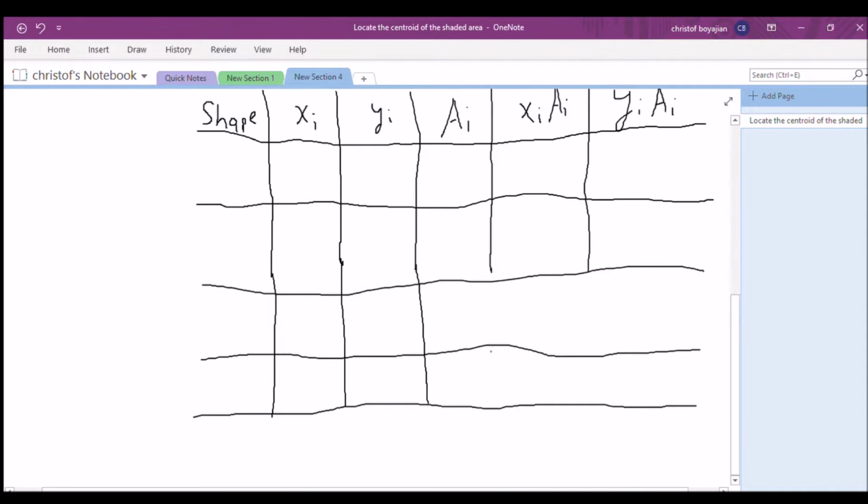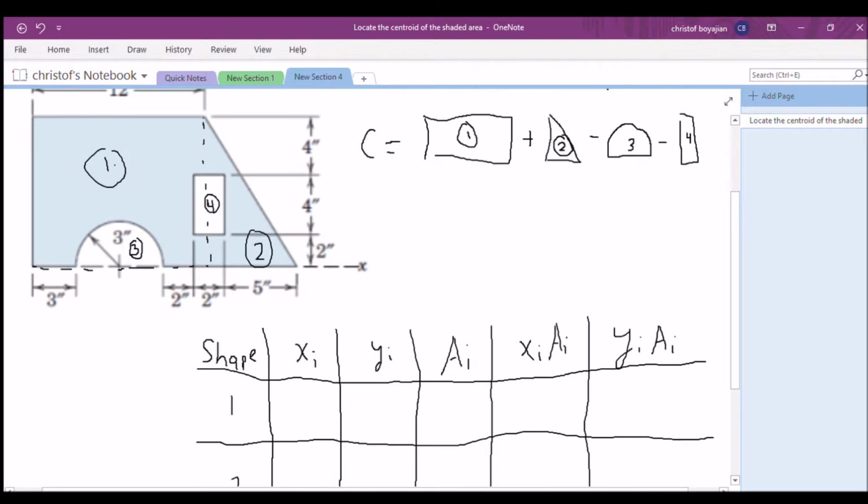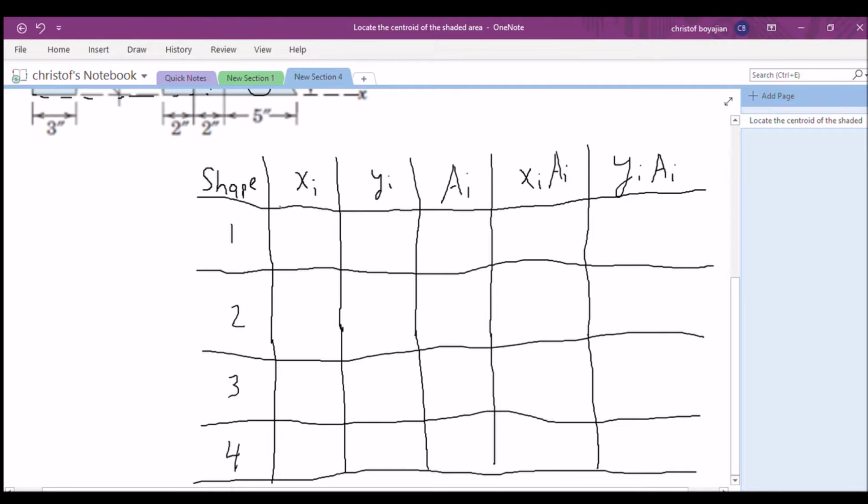All right. So now let's go ahead and fill out our table. So for shape, I'm just going to put 1, 2, 3, and 4 because we already labeled these shapes. I labeled this rectangle as 1, this triangle as 2, this semicircular piece as 3, and this rectangle as 4.